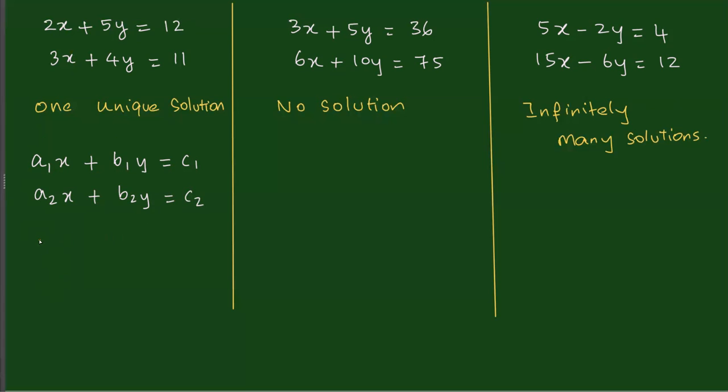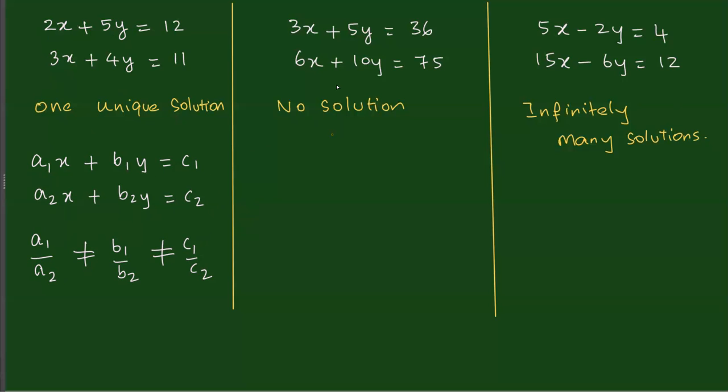Here I have a1 by a2. If I take the ratio, that is not equal to b1 by b2, and that is not equal to c1 by c2 when you have a unique solution. Okay, what are these a1, a2, b1, b2? a1, a2 are the coefficients of x. b1, b2 are the coefficients of y, and c1, c2 are the constant terms.